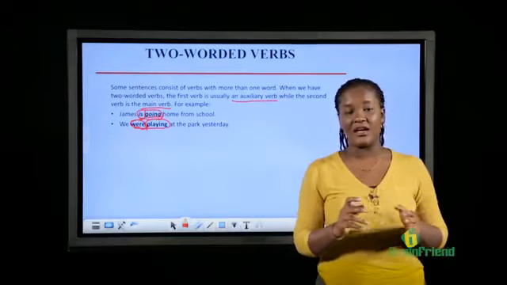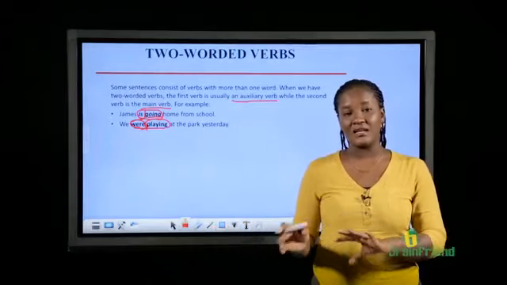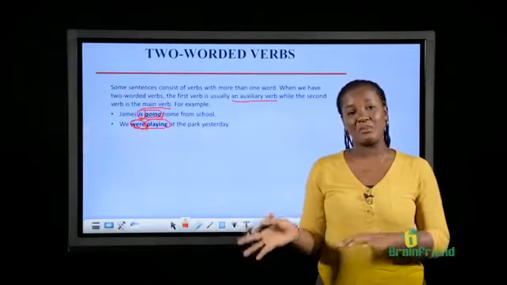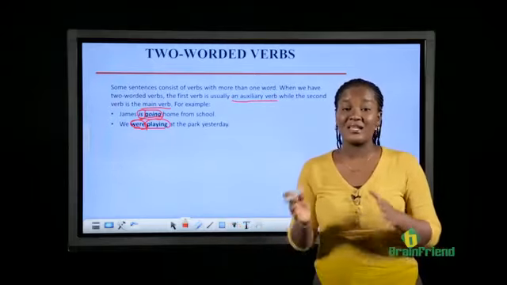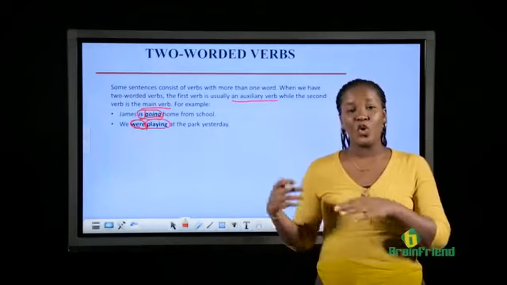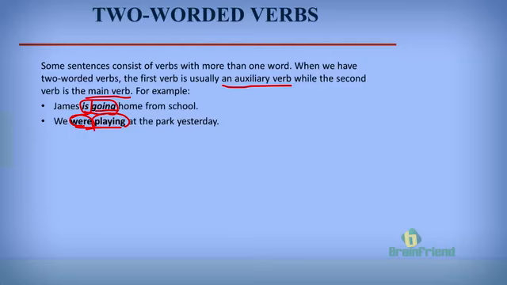We did say earlier that subjects usually come before the main verb in normal sentences or in statements or in affirmative sentences. So whether they are one-worded verbs or two-worded verbs or three-worded verbs, as the case may be, we also have them occurring after the subject of the sentence.